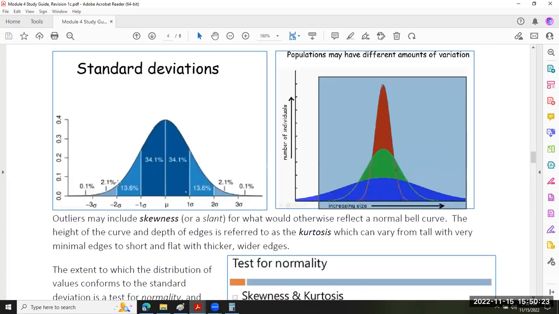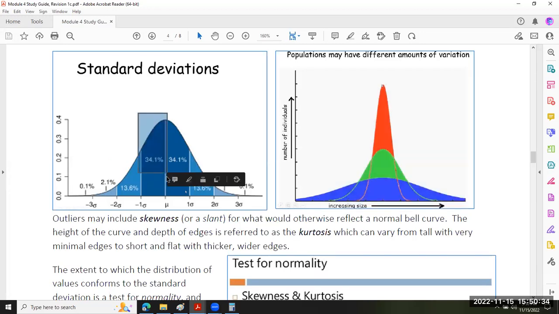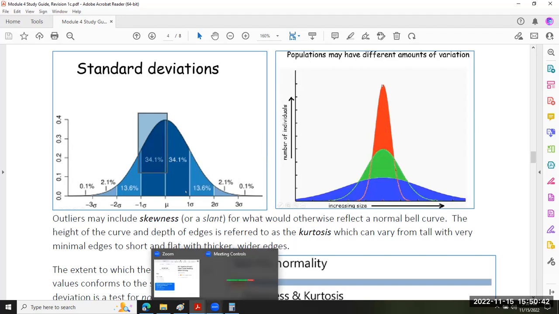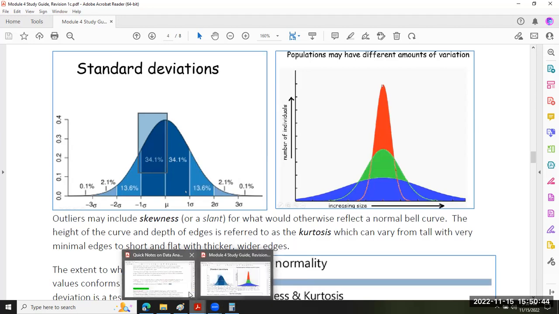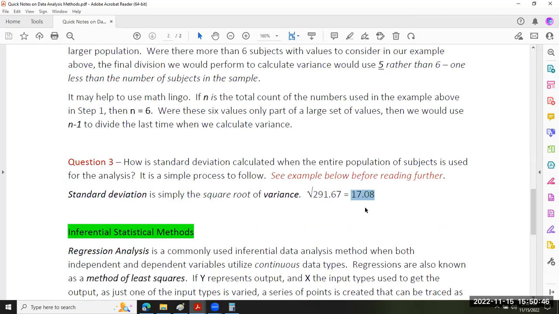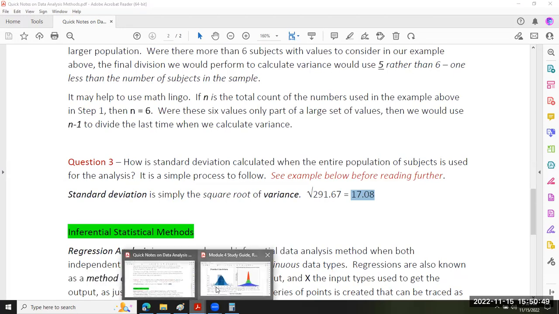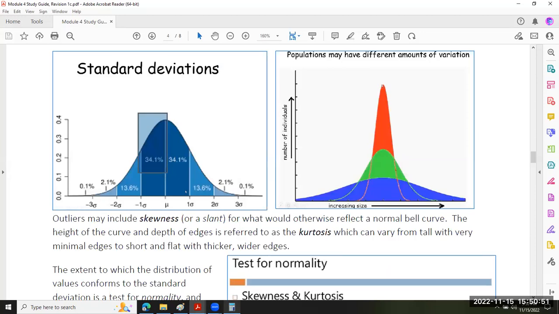Can everybody see here? It says 34.1. Okay. For the example we just calculated, it's 17 instead of the 34.1.